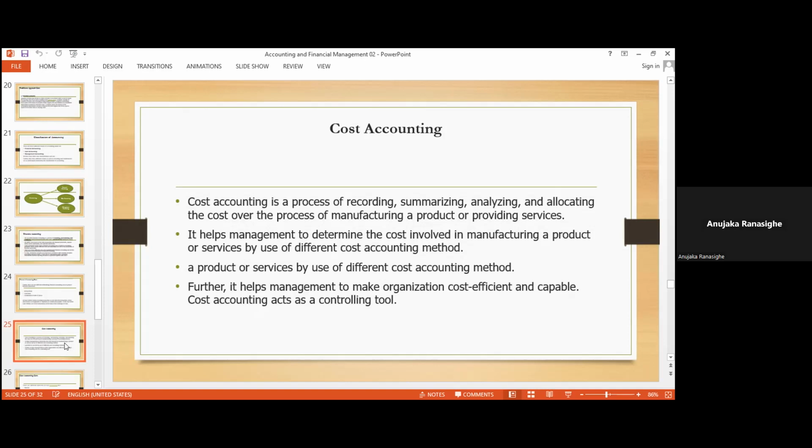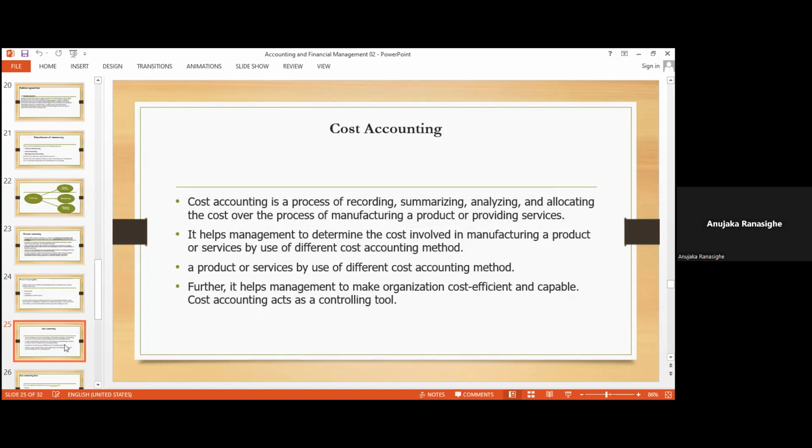Cost accounting is the process of recording, summarizing, analyzing, and mainly allocating the cost over the process of manufacturing the product or providing service.